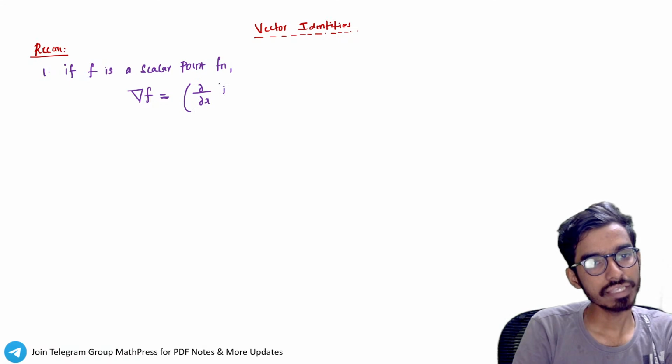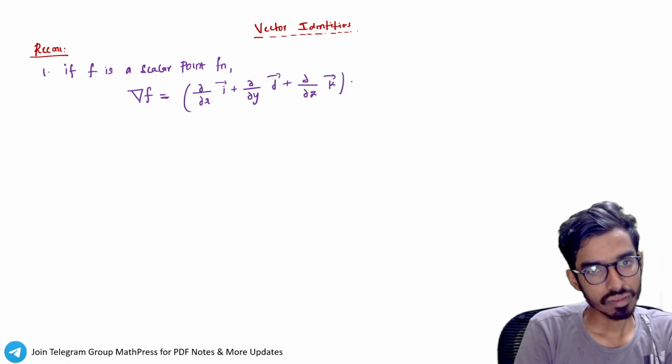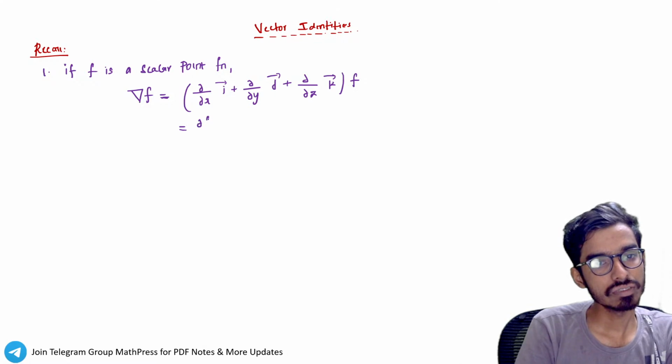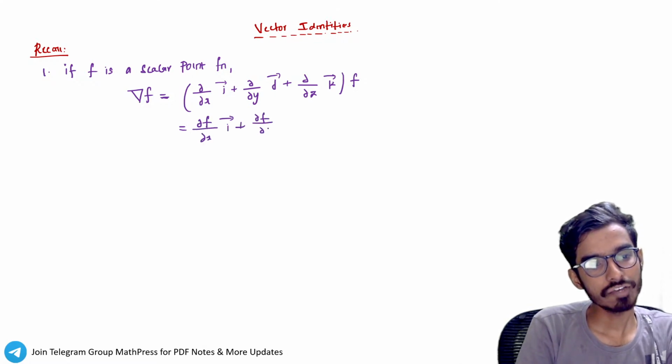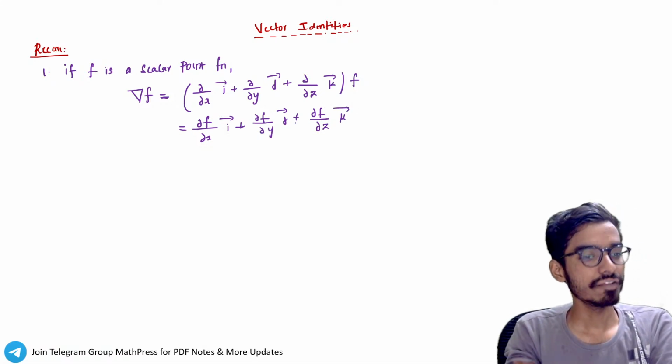It is dou by dou x of i vector, dou by dou y of j vector, dou by dou z of k vector, into f, which is dou f by dou x i vector, dou f by dou y j vector, dou f by dou z k vector. This is what we have already defined.